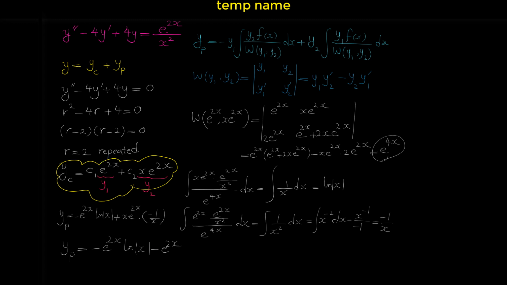So what you can do here is ignore and eliminate this from the particular solution. So you can say that the particular solution is only this part. But it's up to you, you can leave it here, but if you want, you can say the particular solution is only negative e to the 2x ln of the absolute value of x.